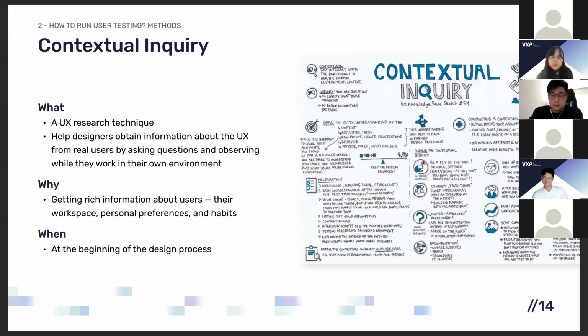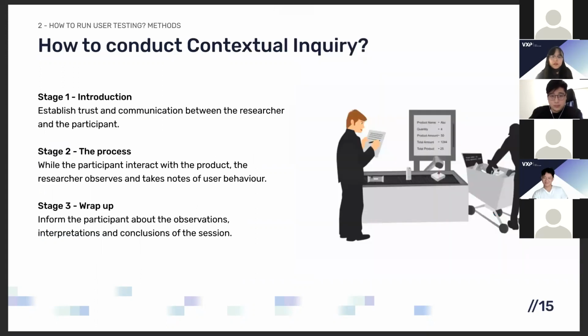This technique is useful for getting rich information about users, including their workspace, their personal preferences, and their habits or routines during the day. Try to get this information at the beginning of the design collaboration process because it will help you design a well-tailored experience.